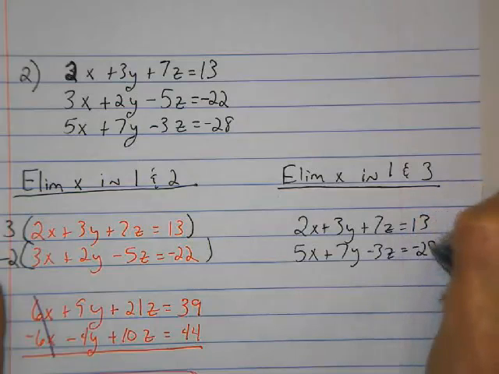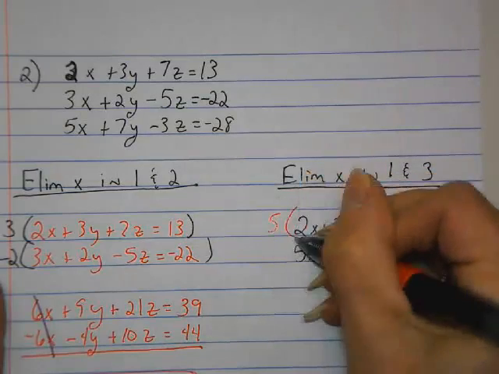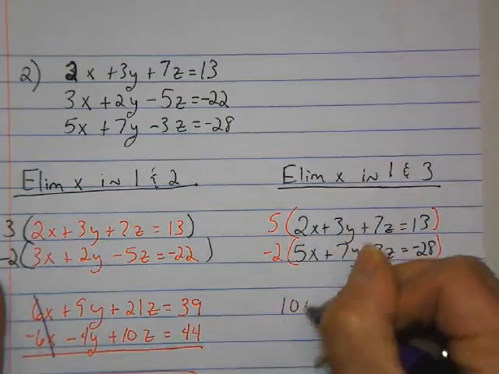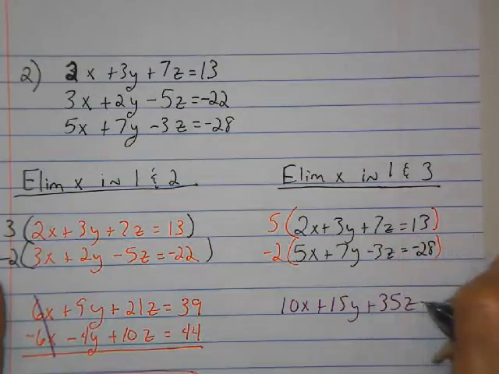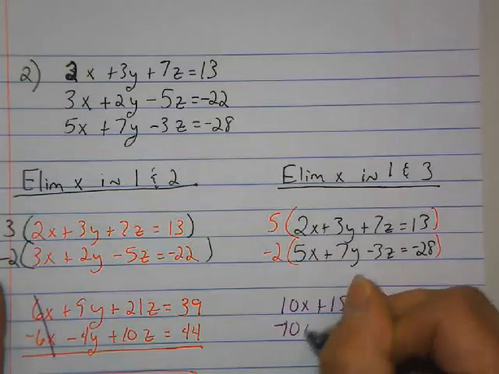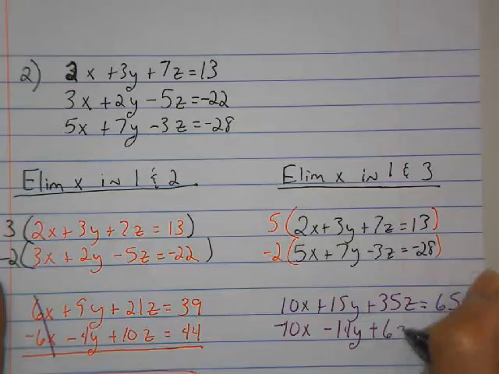I'm going to multiply this one by 5, this one by negative 2. So 10x plus 15y plus 35z equals 65, and negative 10x minus 14y plus 6z equals 56.